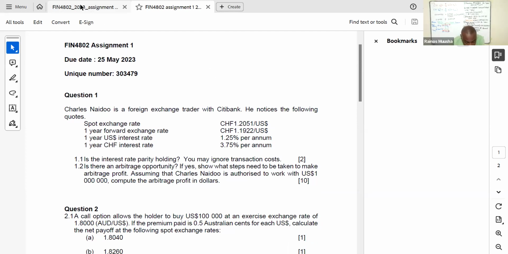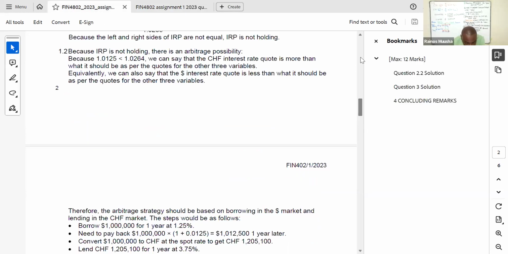So if you check on the lecturer's memo, the first part of the question, the lecturer also showed how to address the issue of the arbitrage opportunity, and they say because the interest rate parity is not holding, there is an arbitrage possibility.